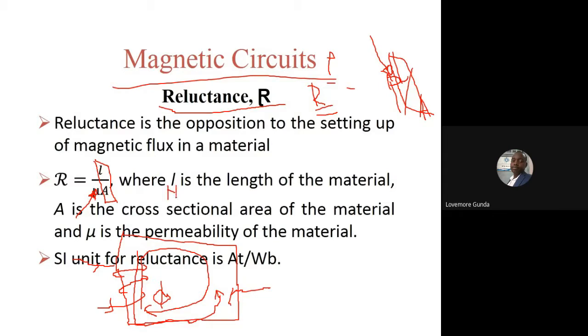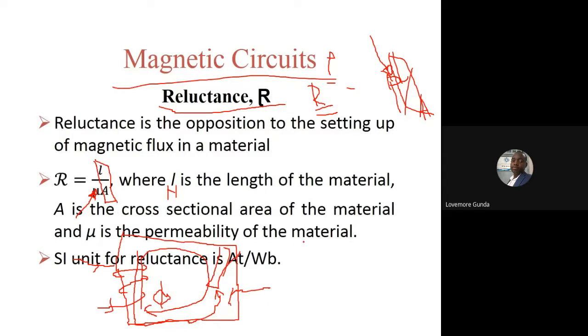L is the length of the magnetic material of the magnetic circuit. A is the cross-sectional area through which the flux is being established.